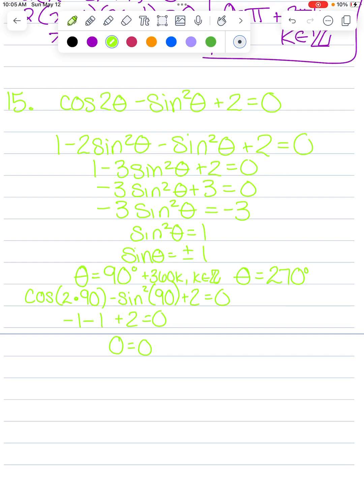K is an integer. Helps if I plug this into a calculator, but I didn't bring a calculator with me, so I'm just doing it all in my head. Okay, so 270. 270 times 2 is 540, which is coterminal to 180.